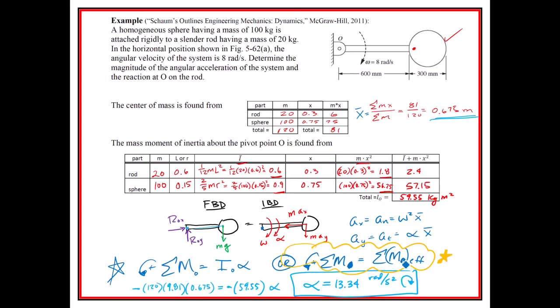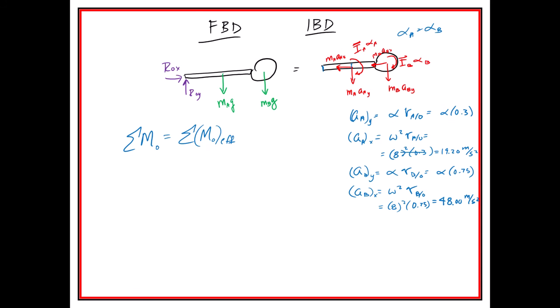It should have been O. We take a look at each of them, and counterclockwise is positive, so we go negative M_A g times R_A with respect to O. This is the moment arm that force passes through. Then minus M_B g times R_B with respect to O.